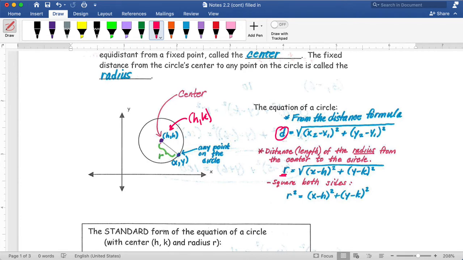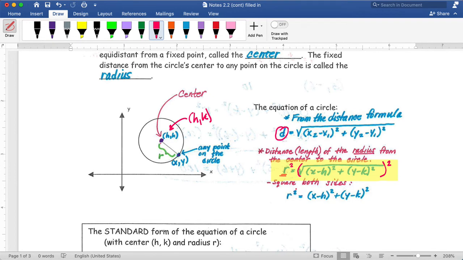Now, when we square both sides of this expression right here, which I'll highlight in yellow, you're going to get r squared equals, well, if I square a square root, it takes the square root symbol away. They're inverse operations.